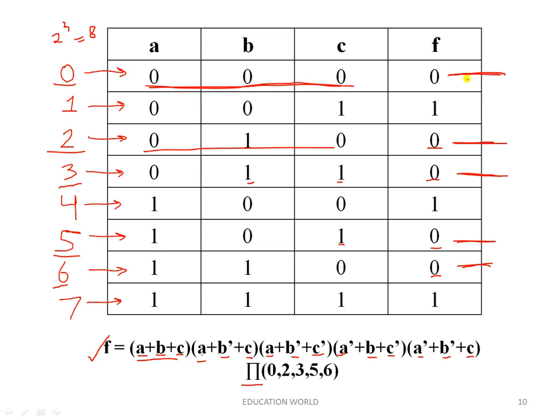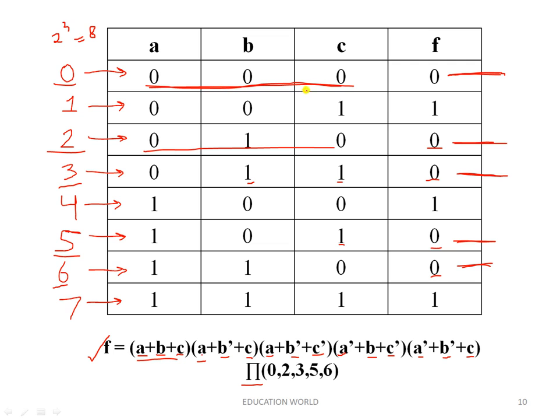So in this table of function F, where the zeros are present, in the corresponding row we see the inputs ABC, then we convert this binary to decimal.